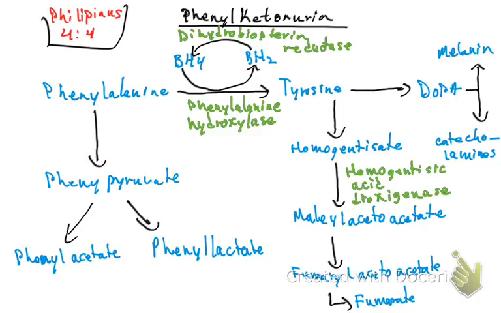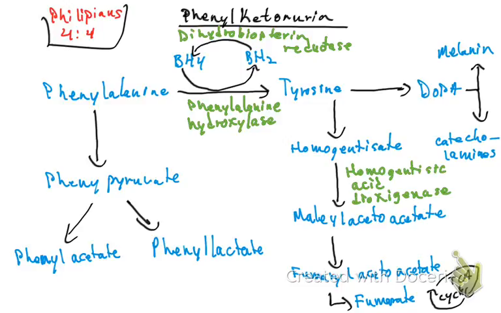This fumarate is going to enter the Krebs cycle, also known as the TCA cycle. So basically this is the pathway of phenylalanine that will lead you to phenylketonuria.